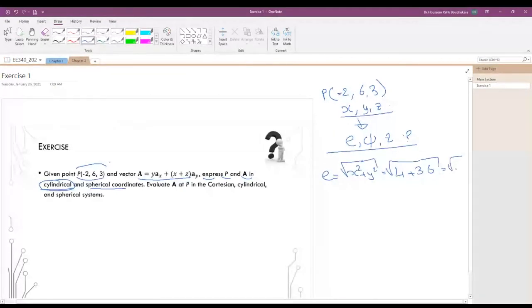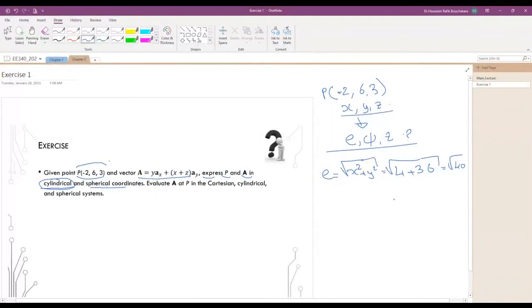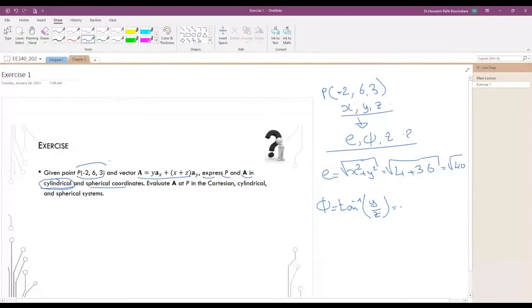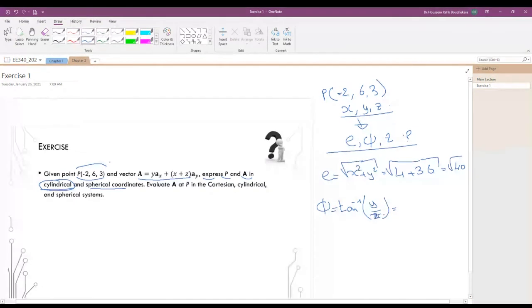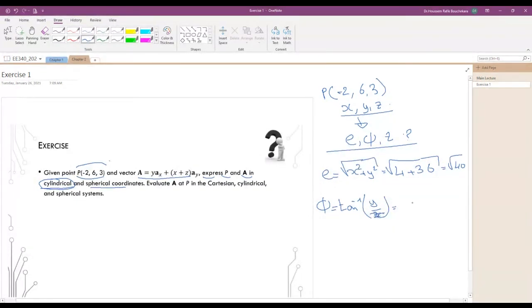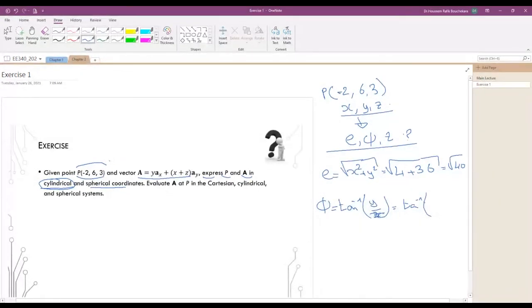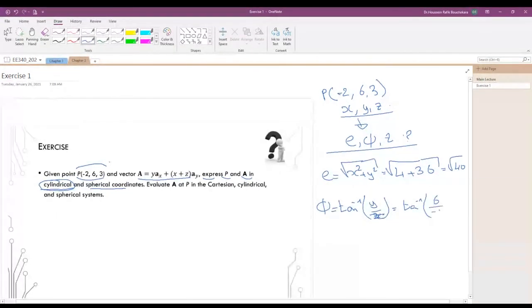Phi, we said, is tan inverse of y over x. So it's tan inverse of 6 divided by minus 2.